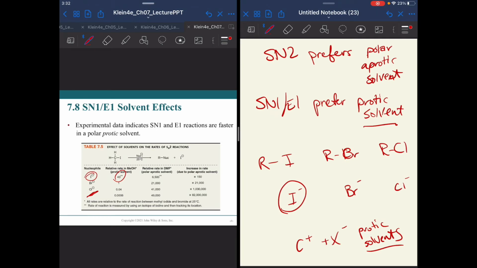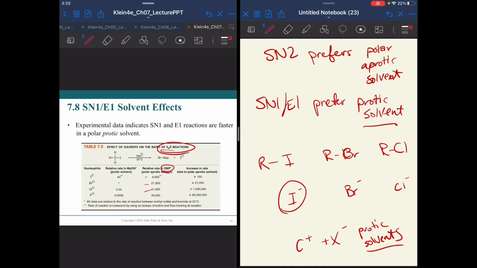Now, to compare that to the SN2 reaction, look what happens when we put this in DMF, right? A polar aprotic solvent. Everything goes much faster. The iodine isn't the fastest one anymore, but the rate is still much faster than in a protic solvent. So remember, this is for SN2 here.